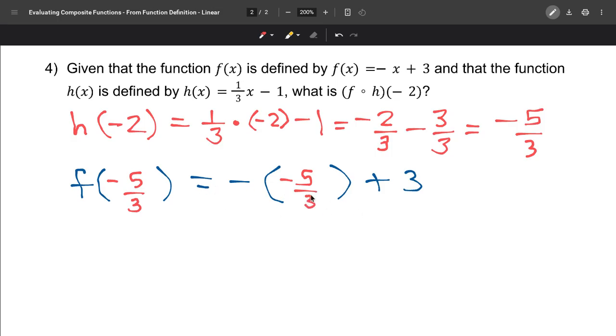All right, a negative of 5/3 is positive 5/3. I can change 3 to 9/3, so I'm going to add plus 9/3. And that's going to equal 14/3, which is my solution.